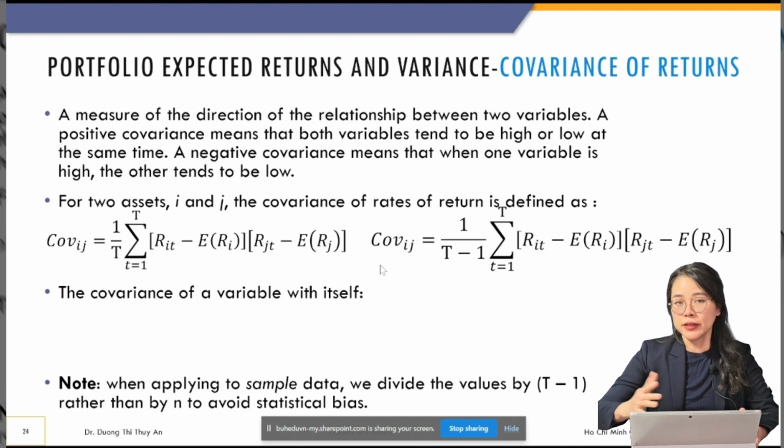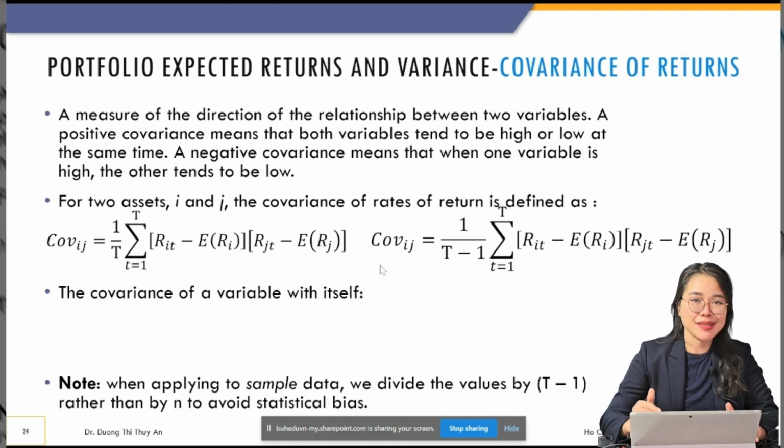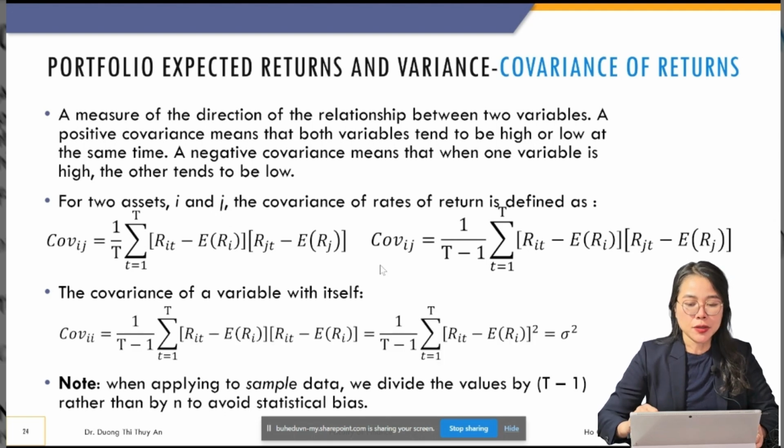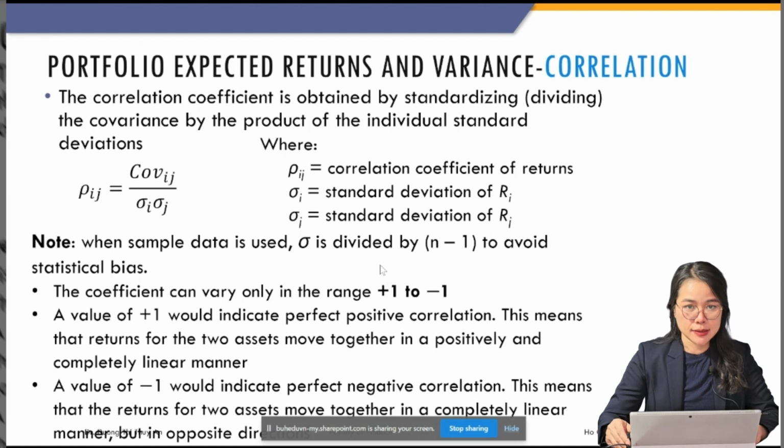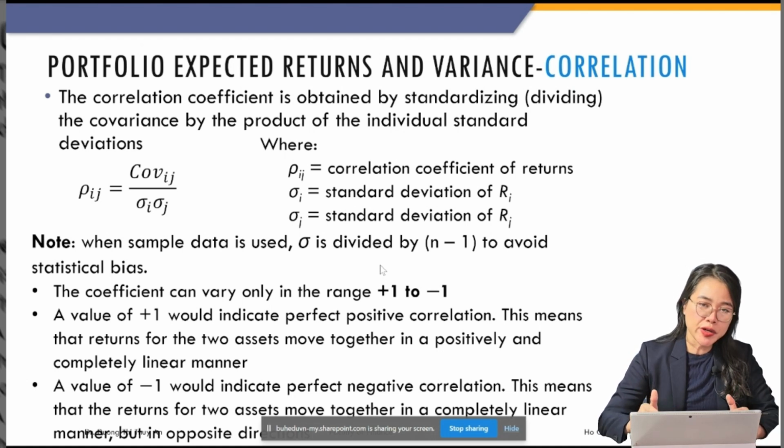So covariance doesn't tell us the extent to which the two financial assets move together. So we use another method to measure not only the direction, but also the extent to which the two assets move together.